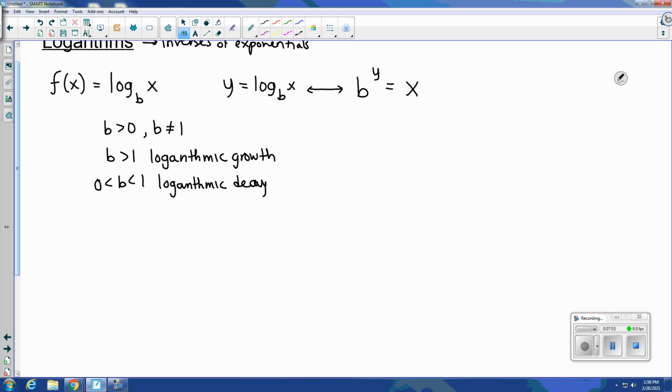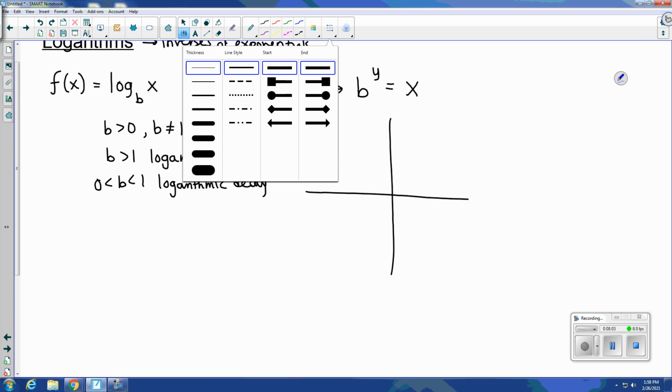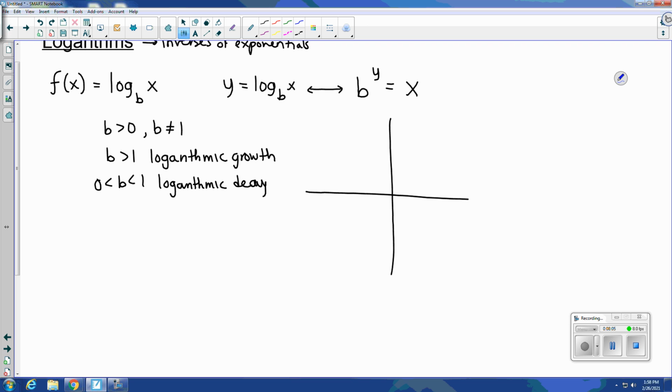Now, the other thing we should be aware of is what the graphs of these look like. With b to the x, where b is greater than 1, we see something like this. So this is going to be b to the x, where b is greater than 1.